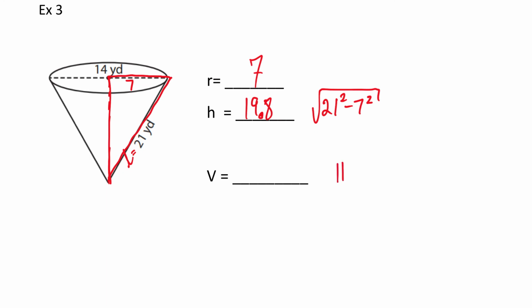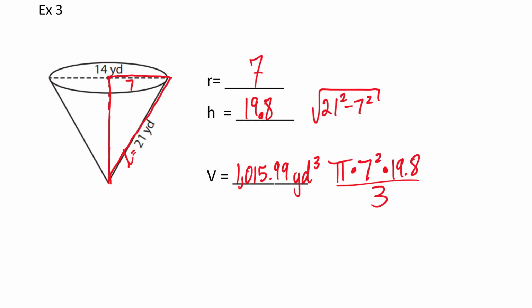So for the volume of a cone, it is pi r squared times h divided by 3. And what does that give you? 1,015.99. Alrighty.